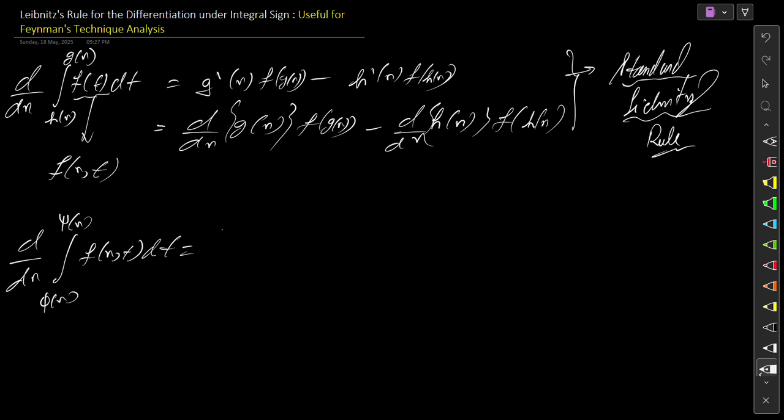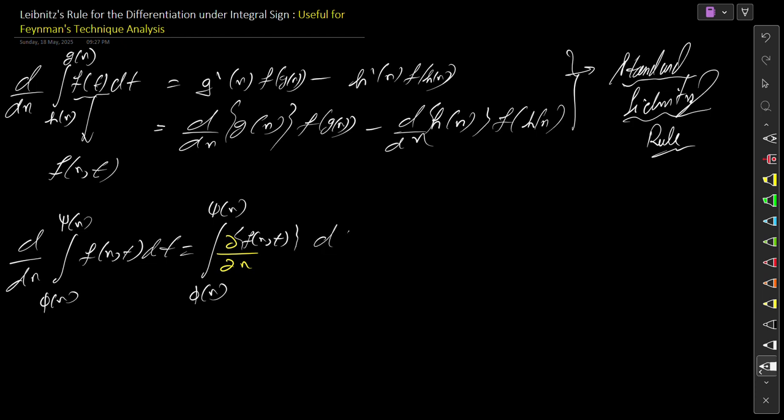So first of all, I would write the integral from phi of x to psi of x, and I'll take the partial derivative. This is the main thing: the partial derivative of this function f of x comma t with respect to x, inside the integral with respect to dt.